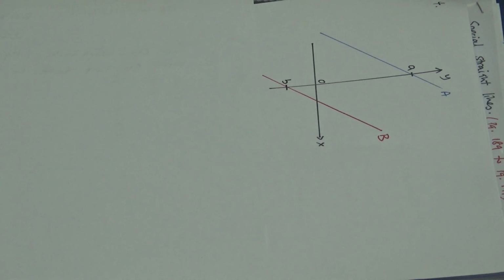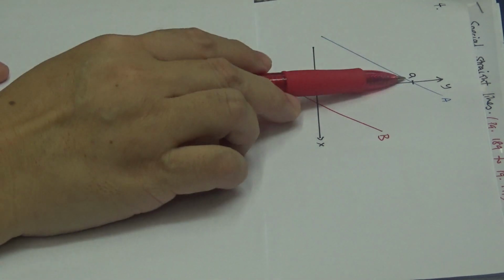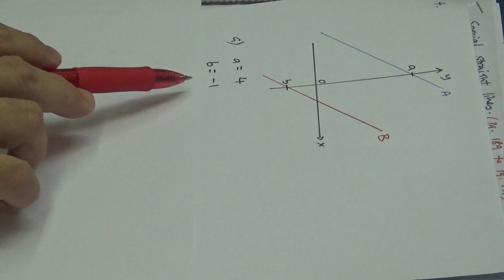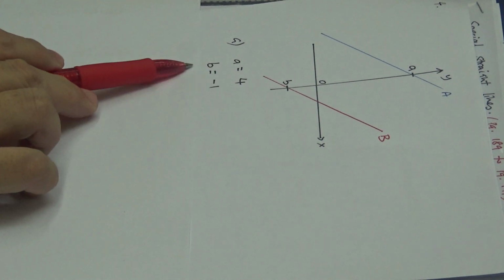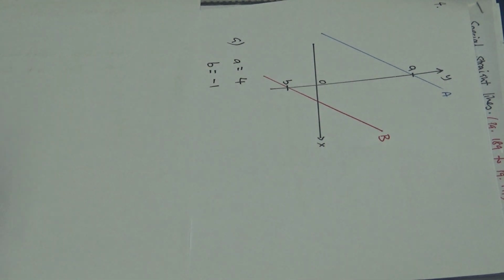Alright, the question says, the diagram shows the straight lines y equals 2x minus 1 and y equals 2x plus 4. What are the values of a and b? Now, as you can see, this is a positive value, this is a negative value. Therefore, a must be 4 and b is negative 1.